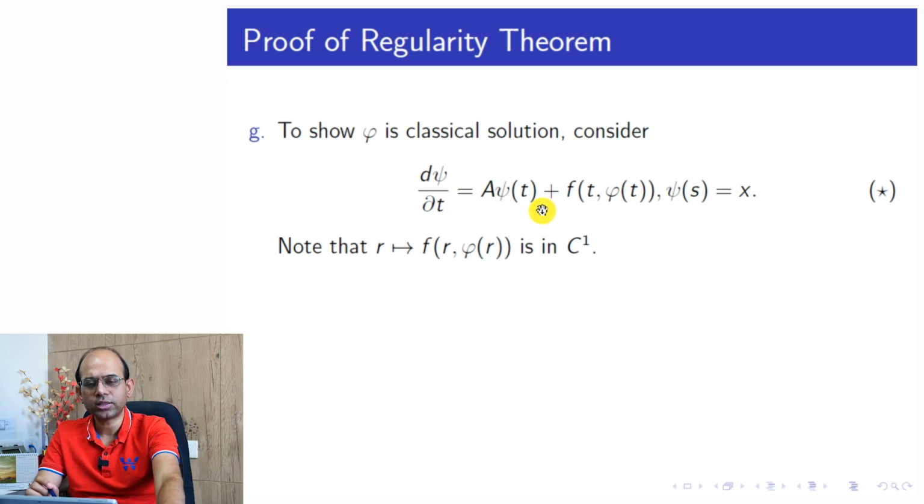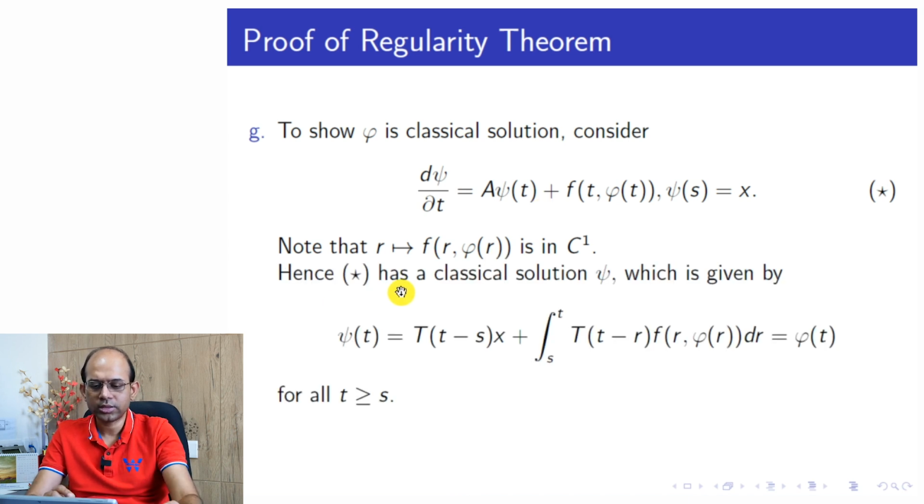Let us call that classical solution psi. So hence this star has a classical solution psi, and the classical solution can be written using the formula for variation of constants.